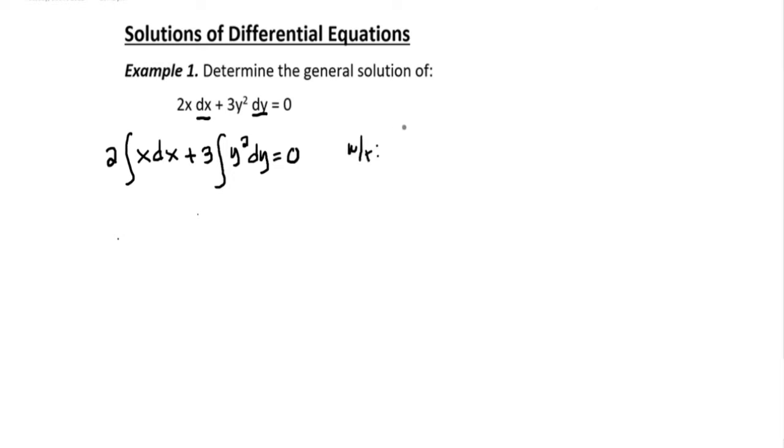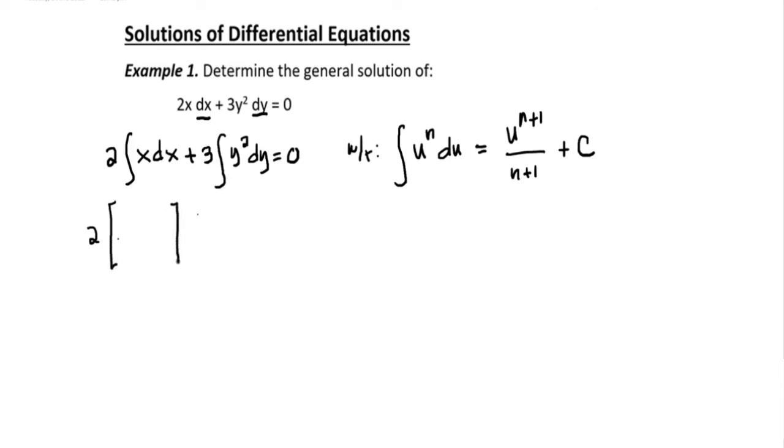The power formula is integral of u^n du is equal to u^(n+1) over n+1 plus the constant c. Applying this power formula, we have 2, then apply the power formula to integral of x dx, in which n here is equal to the exponent 1.